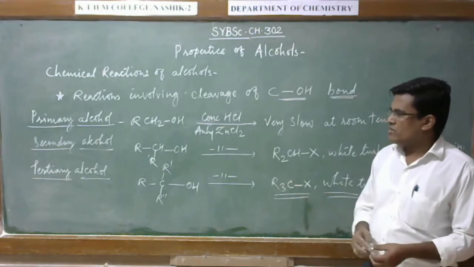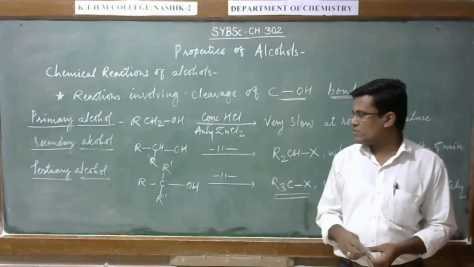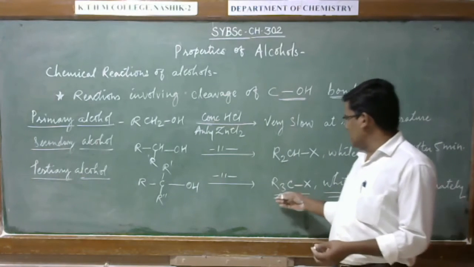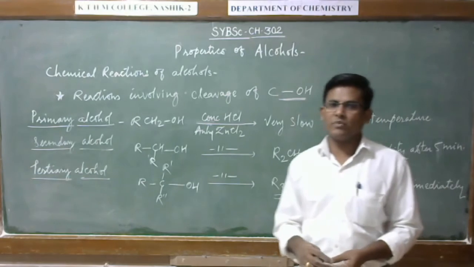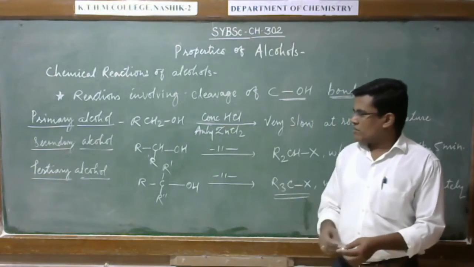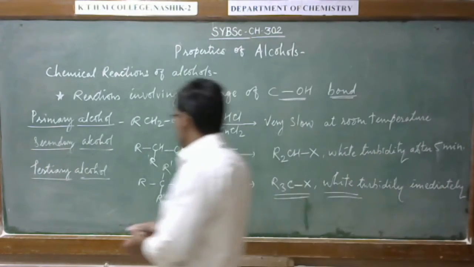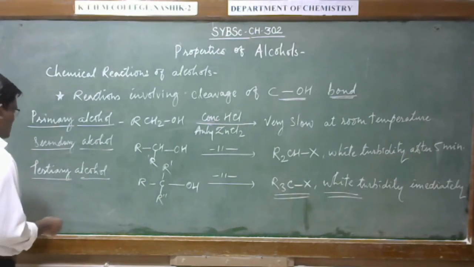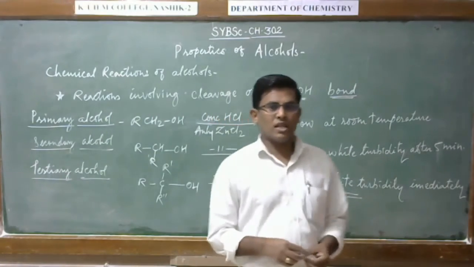On the other hand, when you treat the tertiary alcohol with concentrated HCl in the presence of anhydrous zinc chloride, it gives the corresponding alkyl halide. It shows instant white turbidity, so the tertiary alcohol rate is highest in this series. By applying this Lucas test, these 3 alcohols can be easily distinguished.